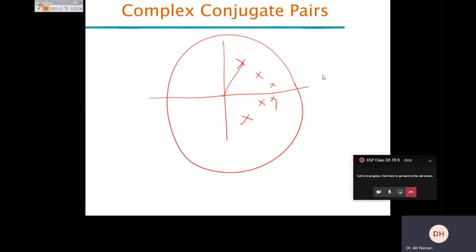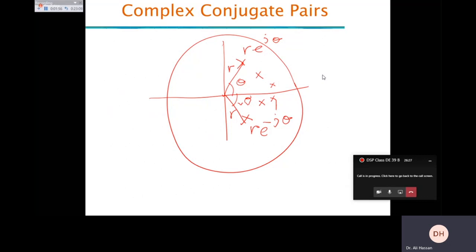So this can be represented as r exponential j theta, and this can be represented as r exponential minus j theta. So one is at r exponential j theta and the other one is r exponential minus j theta.